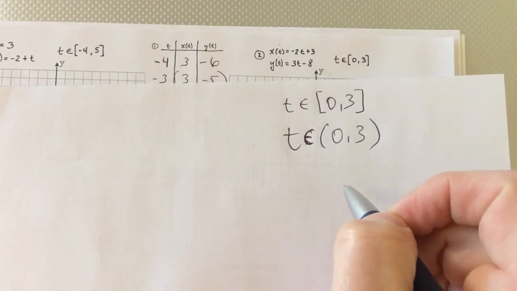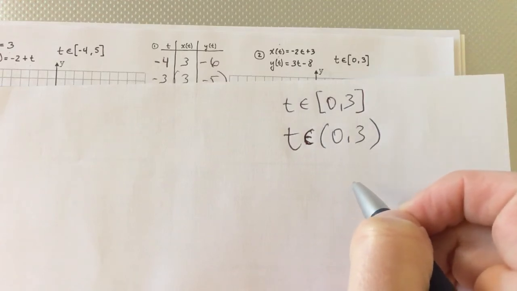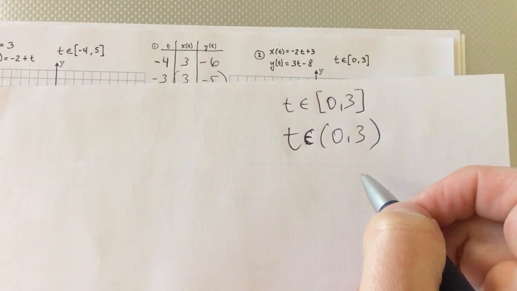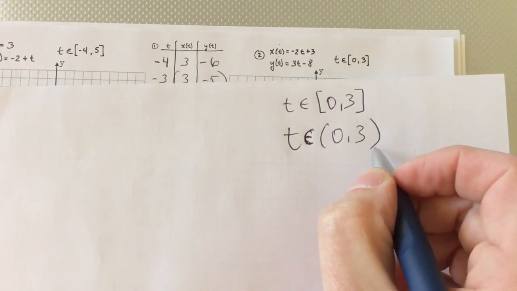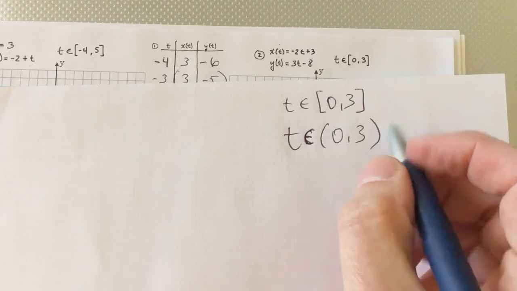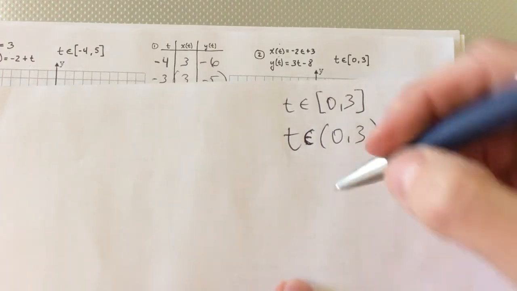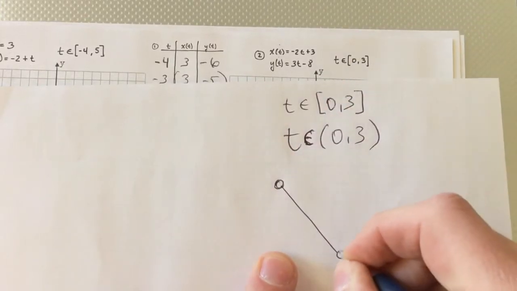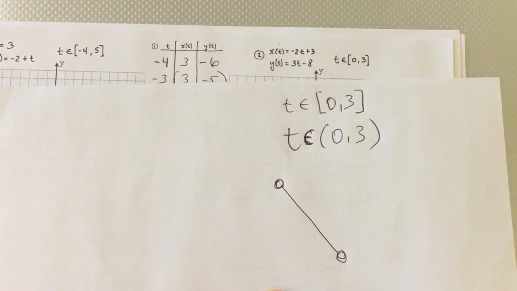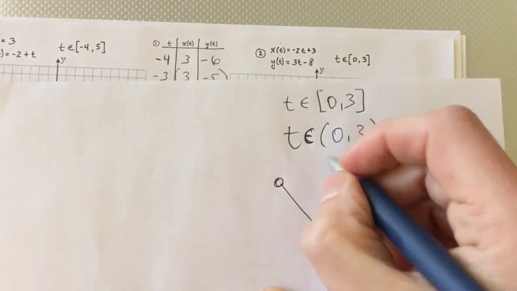What about if I use the parenthetical brackets? It goes almost continuously, starting at 0, ending at 3. But it doesn't actually start at 0. It starts immediately after 0. What I would do for this is we do not include the endpoints.